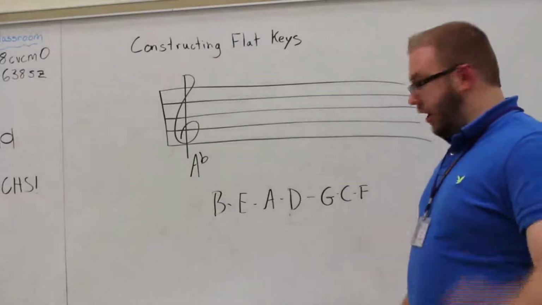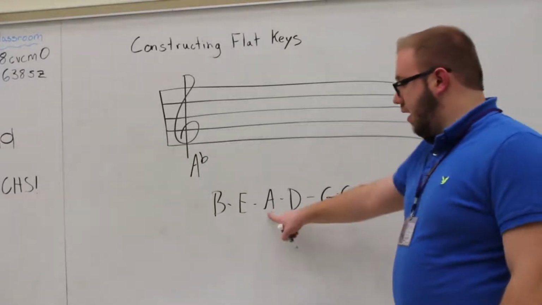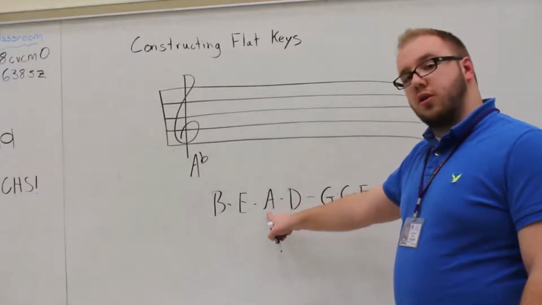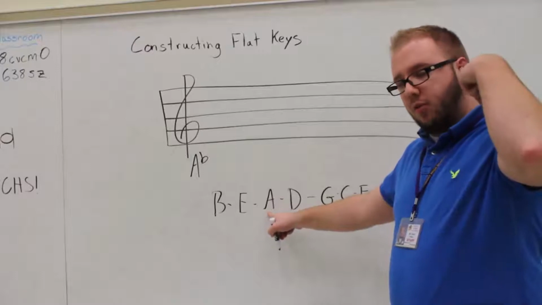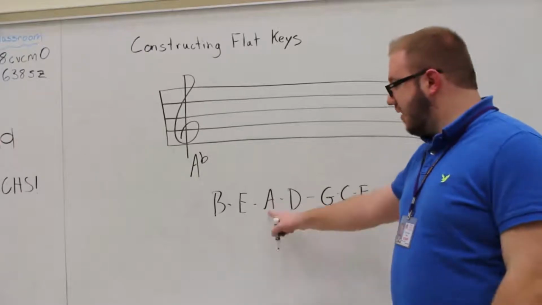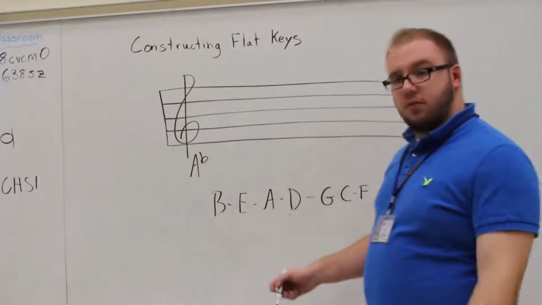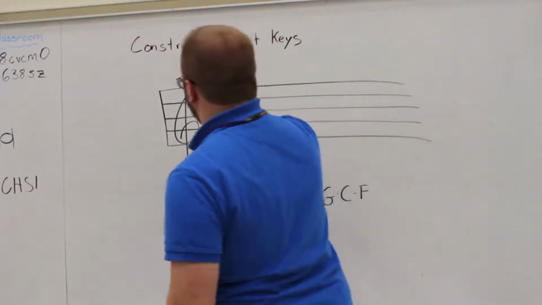So we're going to go here and find A, which is A flat. We have to remember from our rules that the second to last flat is Do. So if we have B, E, and A, we want E flat.